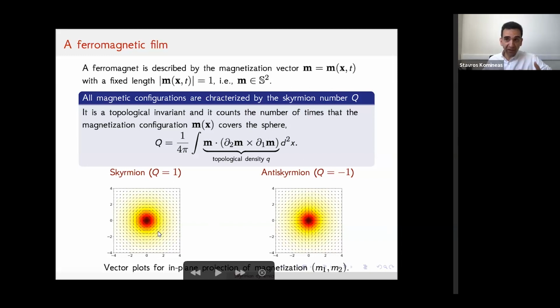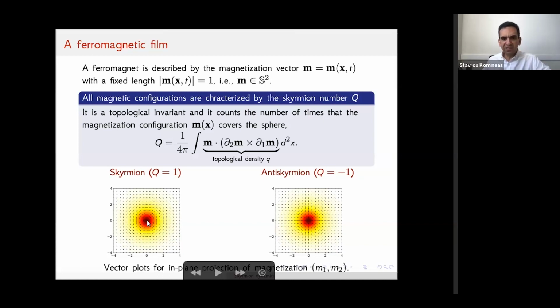And the third component, M3, perpendicular to the screen, is color coded. The red color means that the vector points towards the screen, and the white color means that the vector points towards us. All vectors are equal in magnitude, but you only see their projection.